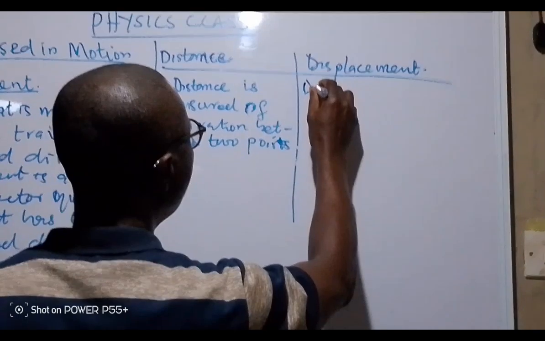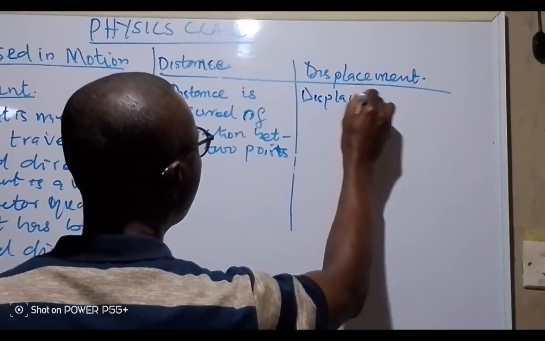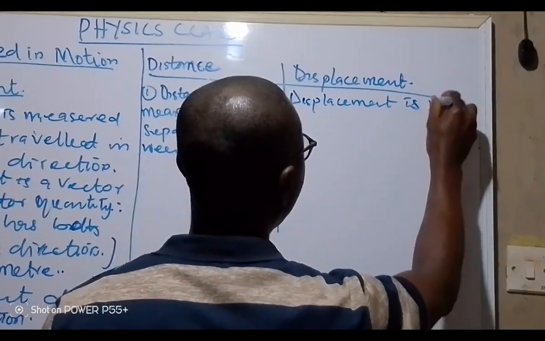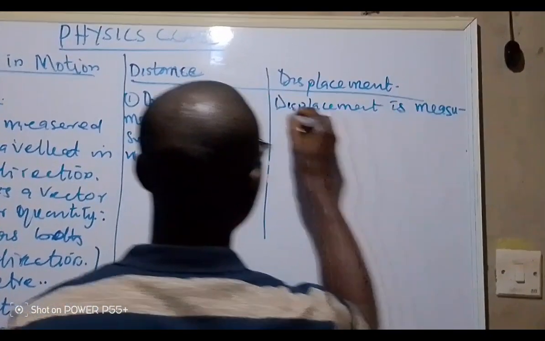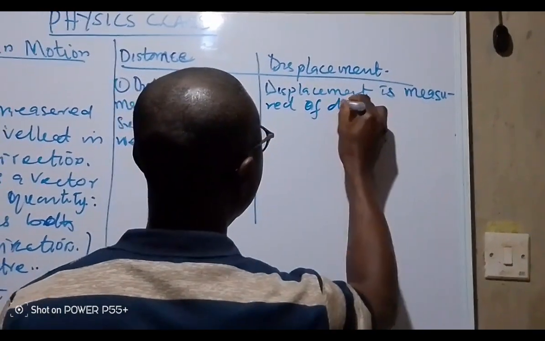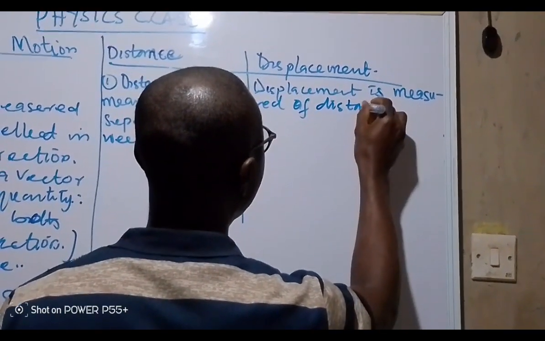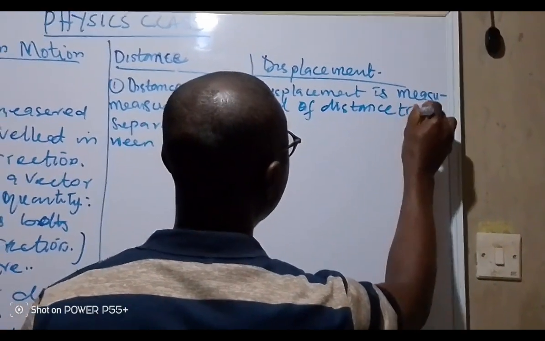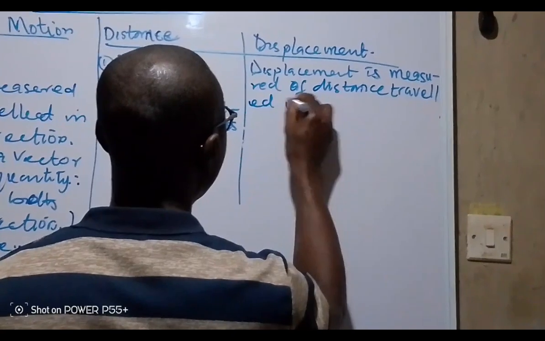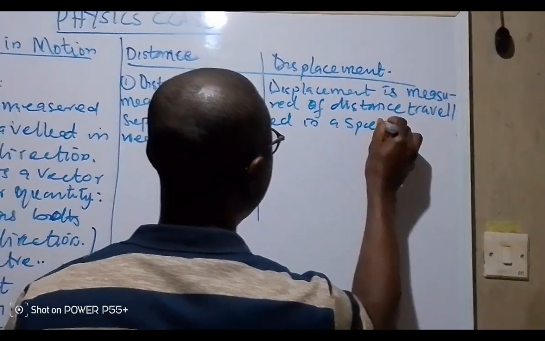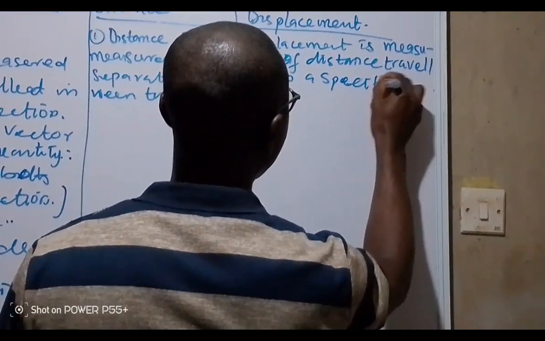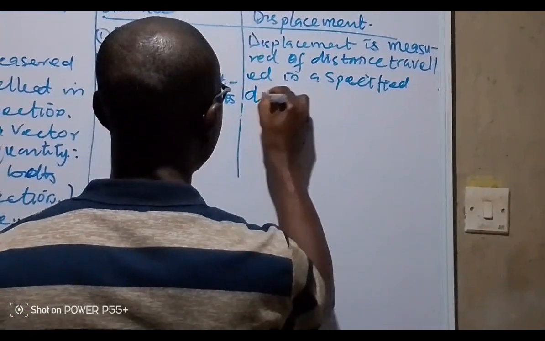By displacement is a measure of distance traveled in a specified direction.